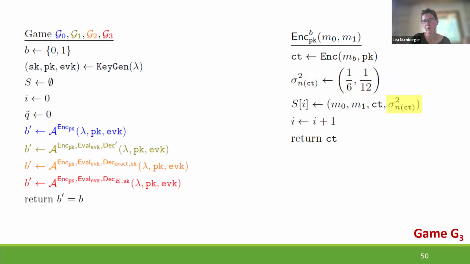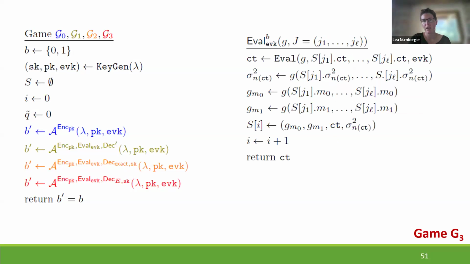But since this can be publicly computed, this encryption oracle has no difference in security from a normal encryption oracle. We also have an evaluation oracle, which again is the same as the IND-CPA-D evaluation oracle, just we also here compute an estimate of the noise and add it to the state.